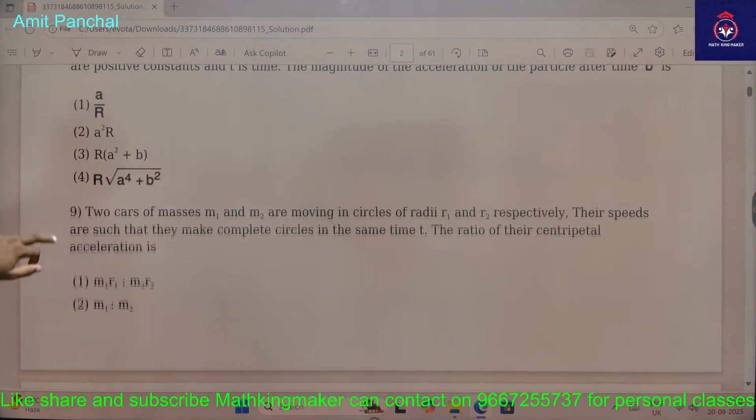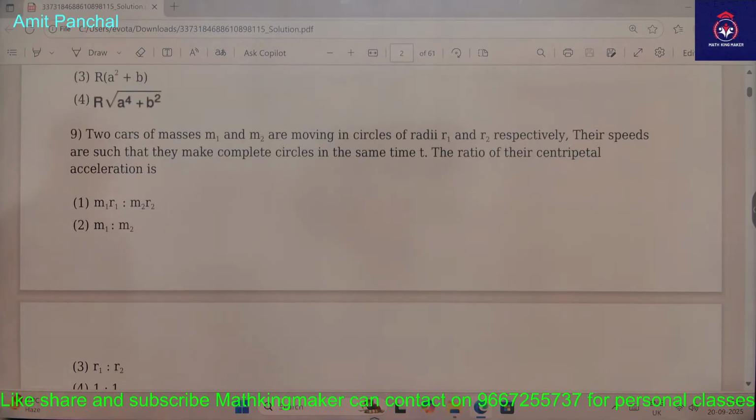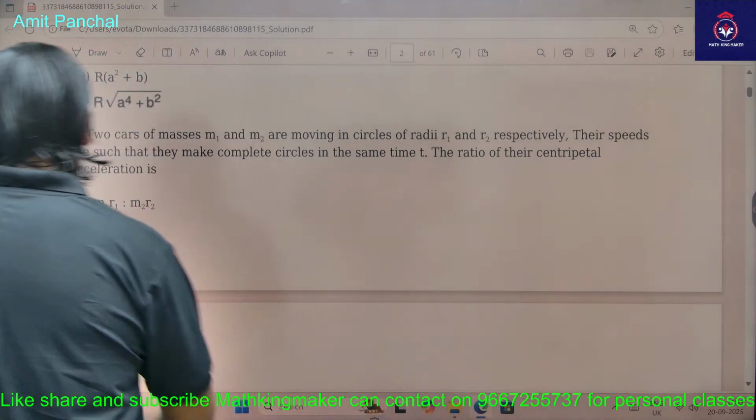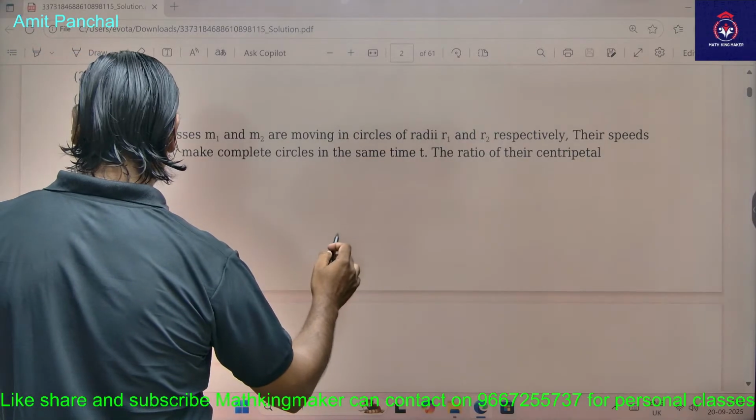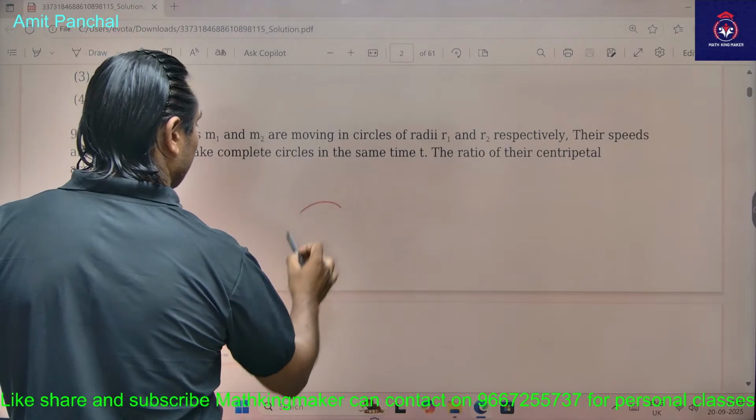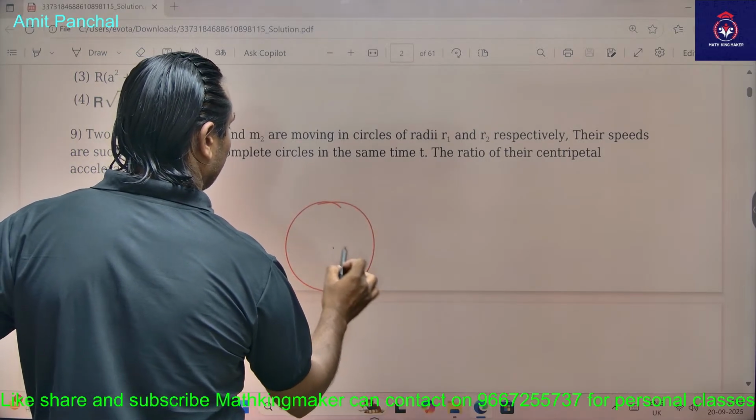9th. Okay, explain 9th. Two cars of masses m1, m2 are moving in circles of radius r1, r2. Their speeds are such that they make complete circles in the same time. They are moving in different circles, isn't it? Let us take an example. Let us say this is your r1 radius circle.